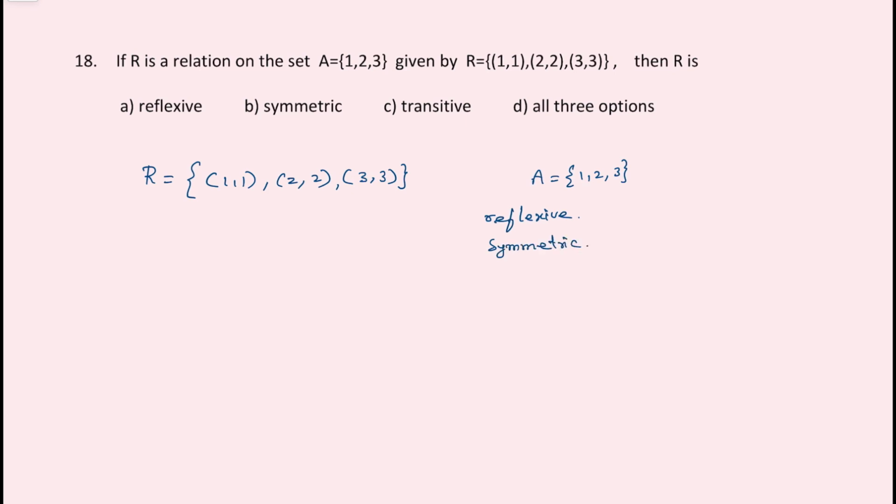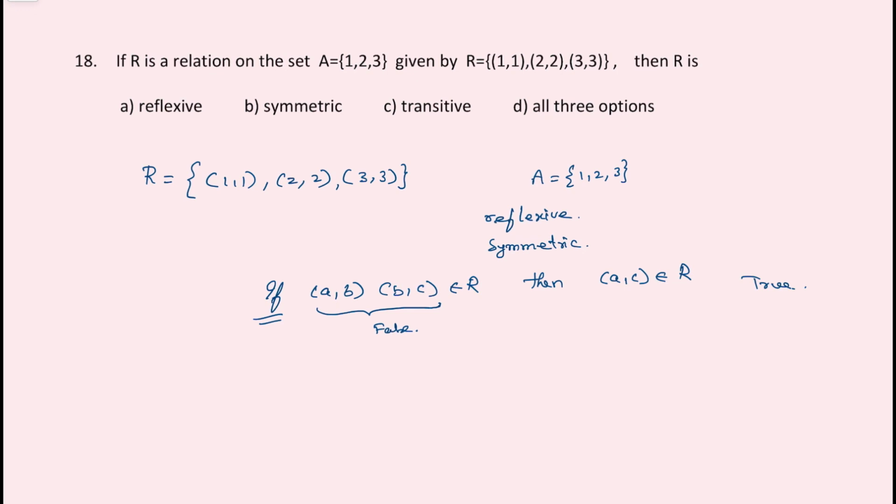Now, transitive condition. The transitive condition is a conditional statement. If A, B, B, C belong to R, then AC should also be there in R. This is the definition of the transitive condition. If you don't have elements of this form, this becomes false. The whole condition becomes true.